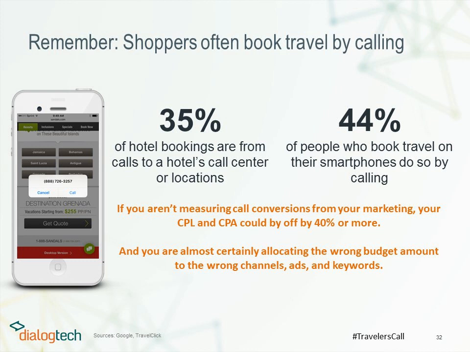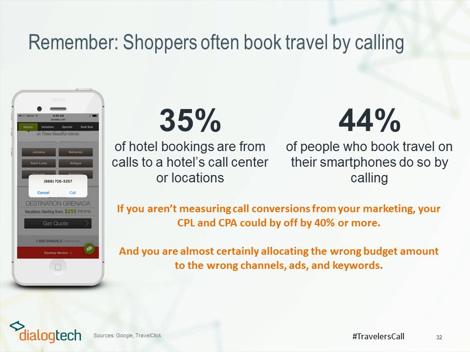As a marketer, someone who's spending dollars to drive people to engage with your brand and then result in some booking of some kind of travel experience, whether you are measured by CPL or by CPA, if you're not tracking or taking into account all the conversions that come over the phone, your CPL or CPA is just absolutely wrong.